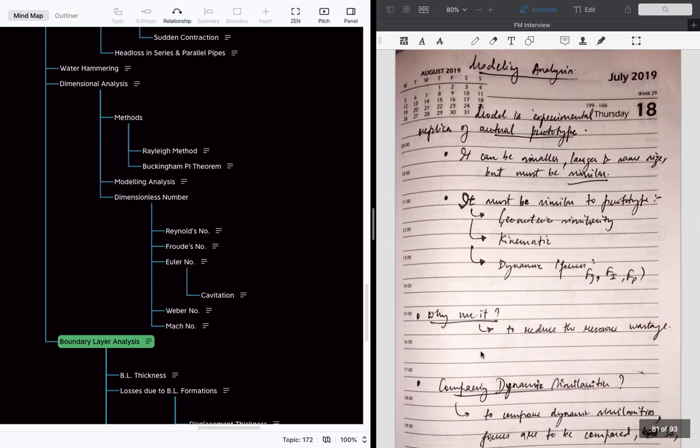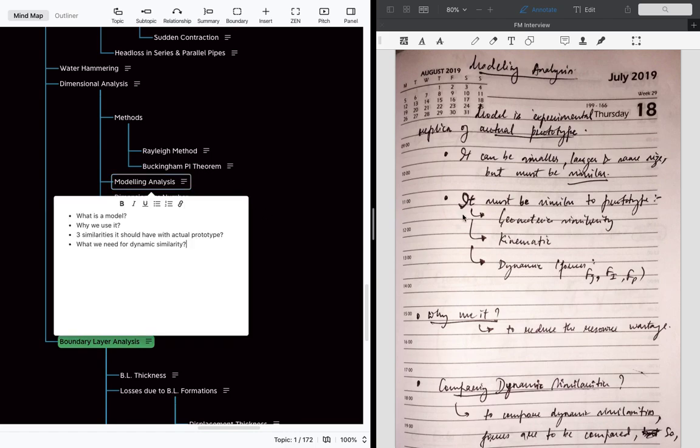So what is a model? A model is nothing but a replica of the actual prototype. This replica can be smaller, larger, or the same size, but it must be similar. The keyword is similar to the prototype. What kind of similarity can it have?